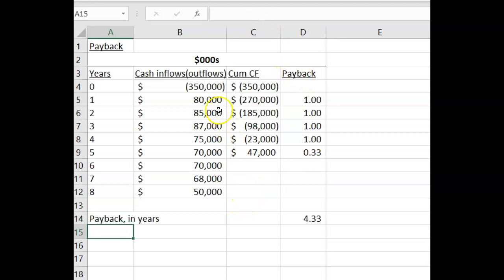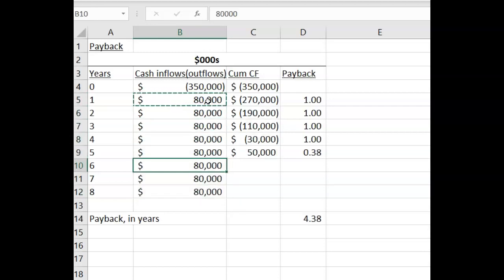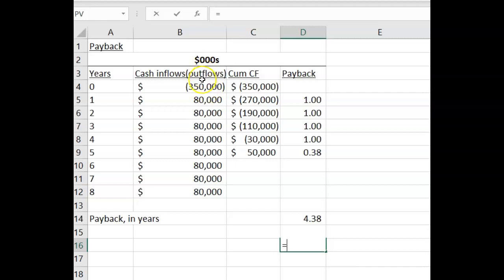Now, by the way, if all these numbers were the same, our value would change, but you could calculate it easier. You could just simply take the absolute value of 350,000.